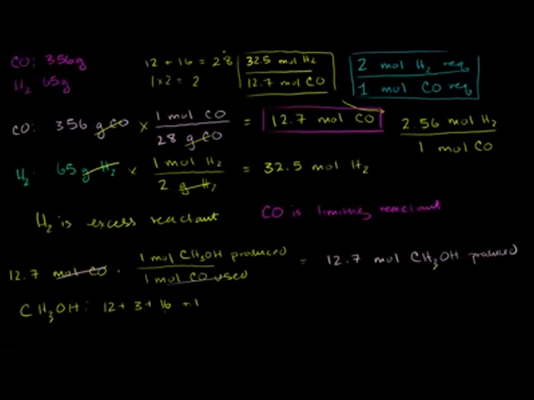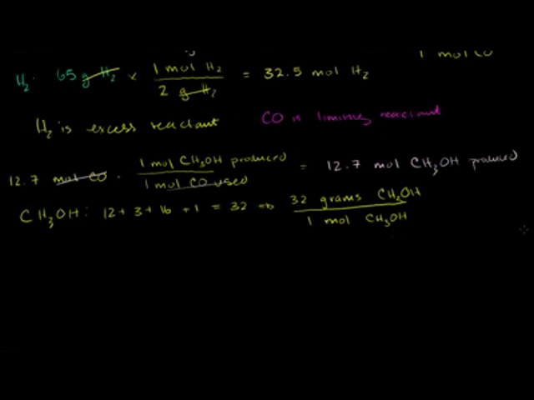That is 32. This is its atomic weight, which tells us that if we have a mole of it, we're going to have 32 grams of methanol per 1 mole of methanol. Once again, we got that by figuring out its atomic weight.